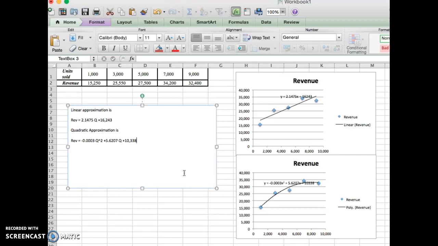So there are two formulas, and then you can work with this depending on what questions are being asked.